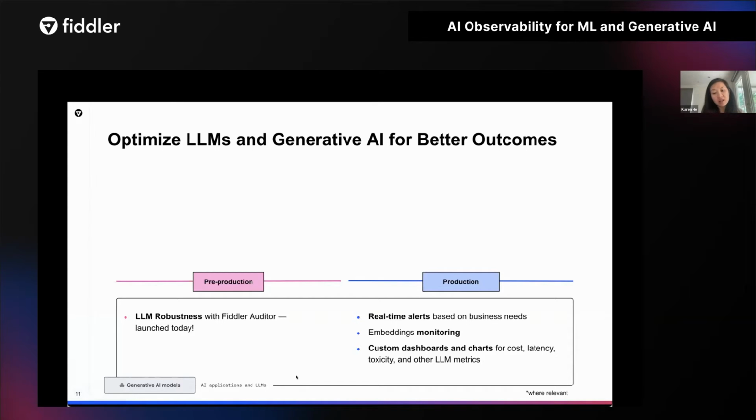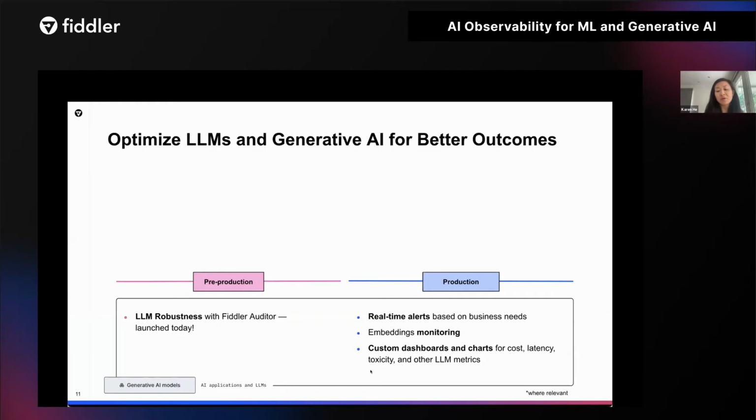Once the LLMs are in production, ML teams can get real-time alerts based on business needs. They can monitor embeddings as well as measure and monitor metrics like cost, latency, toxicity, and other LLM-specific metrics and put them into dashboards.